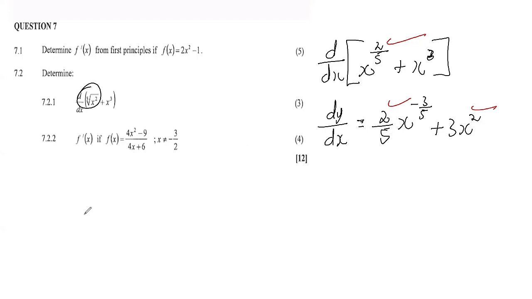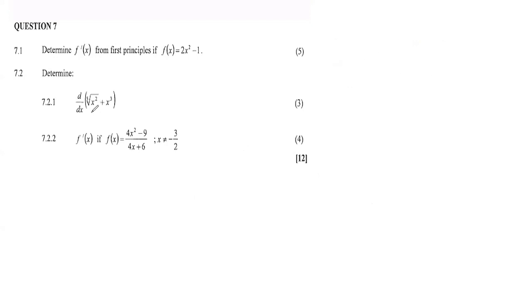So that's how you were supposed to go about answering that question. Okay, now let's go to 7.2.2. We have: find f prime x if f of x is (x squared minus 9) over (4x plus 6). We must find our f prime x. Now they throw a little restriction there to say that x should not be equal to negative 3 over 2.